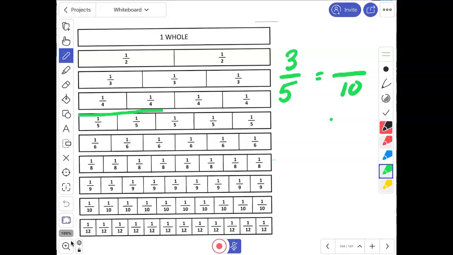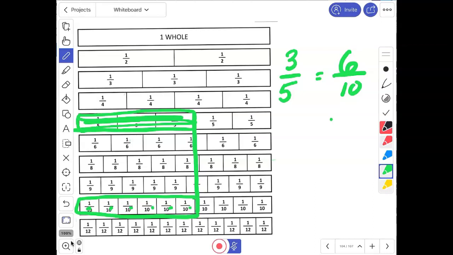I could color in 3/5, and I could just draw a straight line down to tenths. How many tenths is that? Looks like 1, 2, 3, 4, oopsie, 1, 2, 3, 4, 5, 6. 3/5 and 6/10 are equivalent because they line up on my fraction strips.